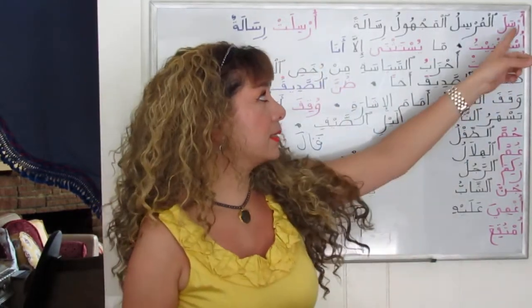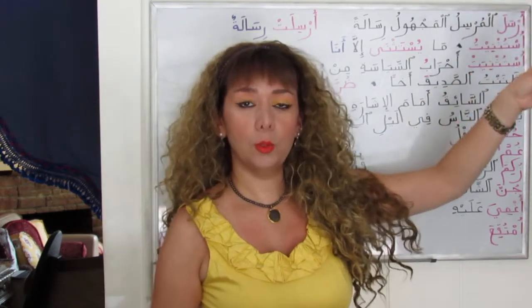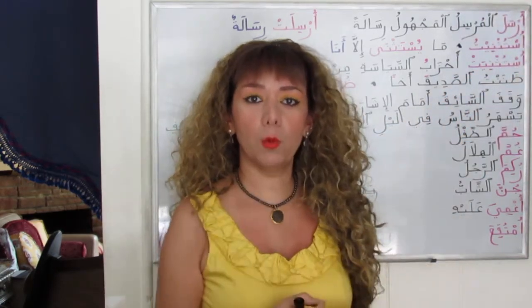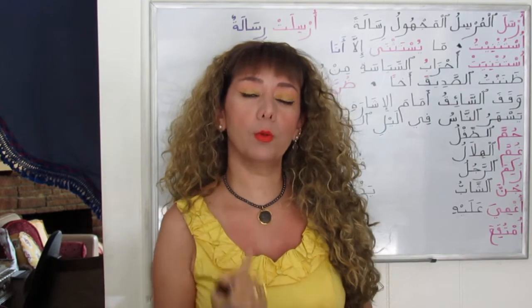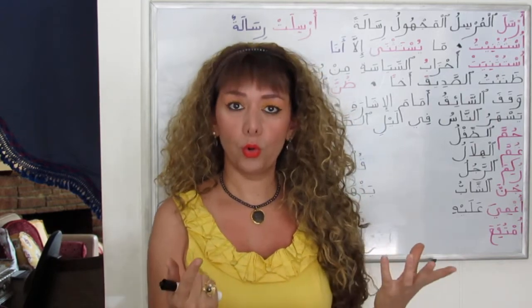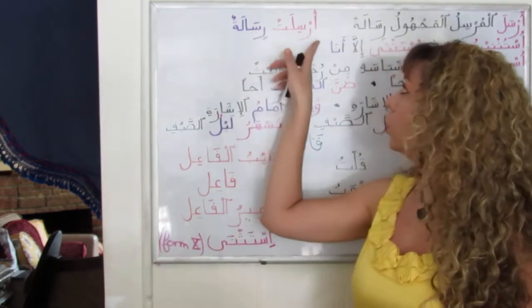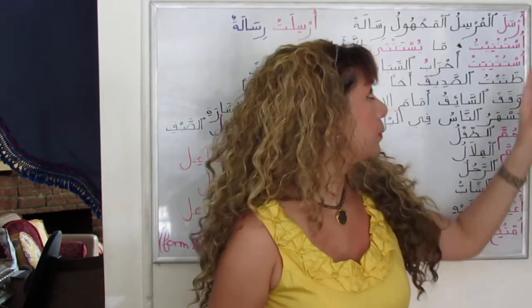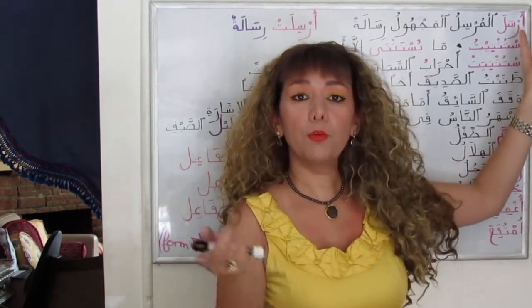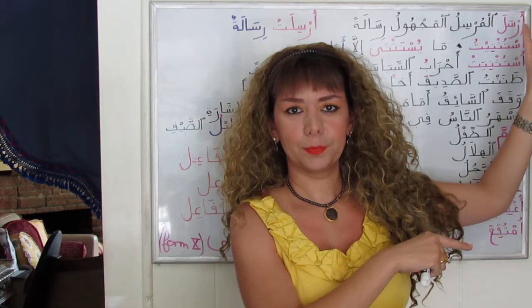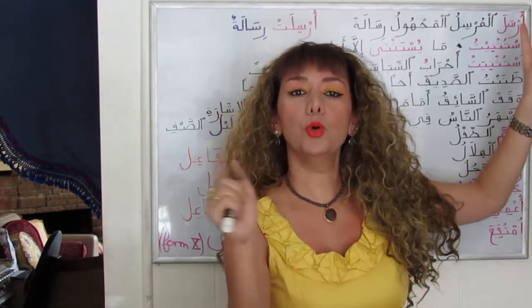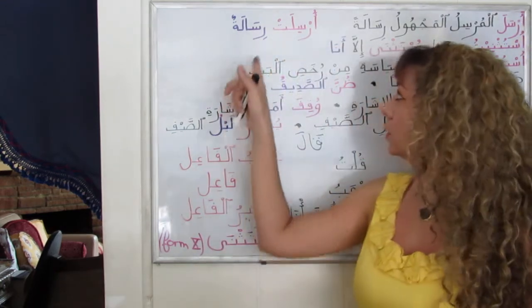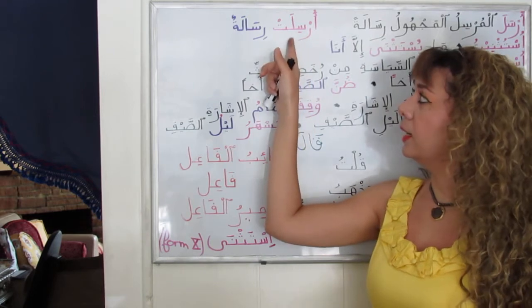So from أرسل, what do we do? We change the short vowels. The first short vowel we turn to U. Remember? U. And the one before the last will turn to I. Kasra. أرسلت.